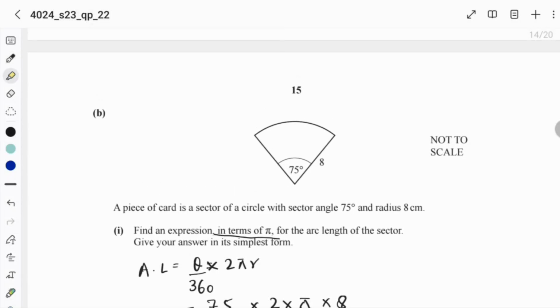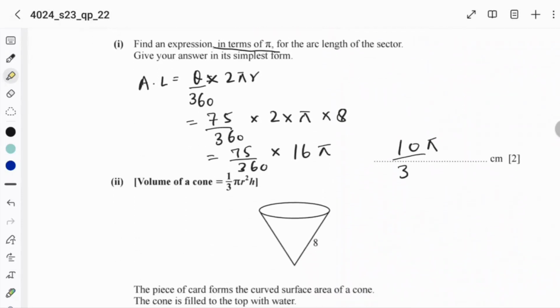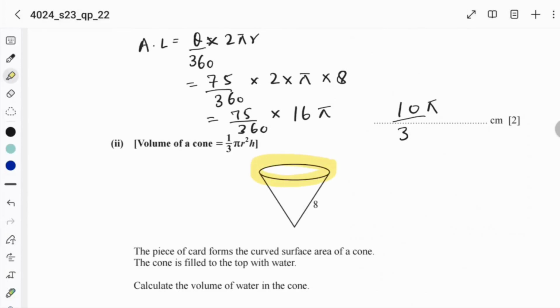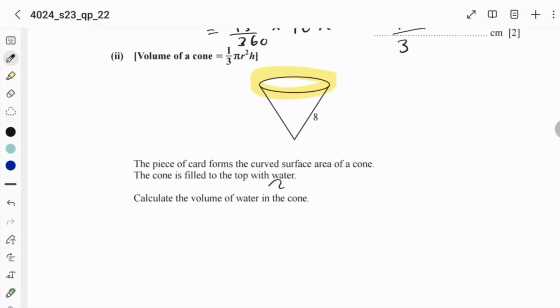The arc length of this sector will become the circumference of the circle at the base of the cone. The arc length is 10 over 3 pi. The circumference formula is 2 pi r, so 10 upon 3 pi equals 2 pi r.